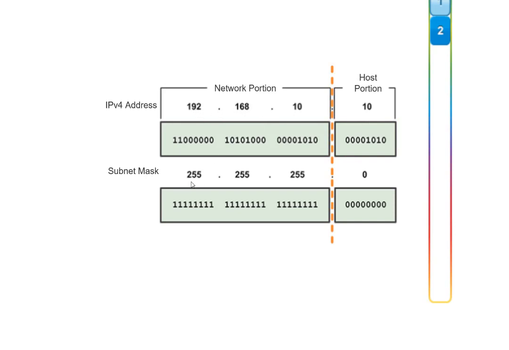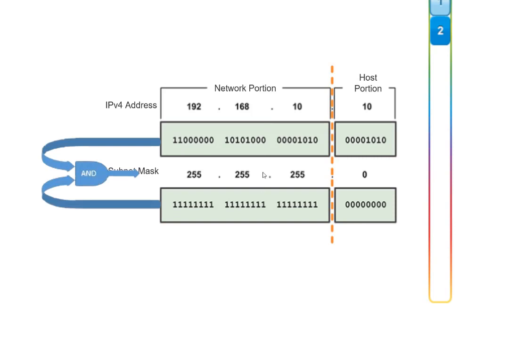If the subnet mask is 255.255.255.0, then we represent each one in binary and AND those two parts.